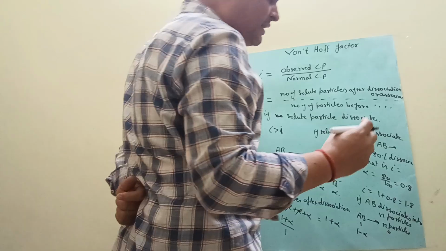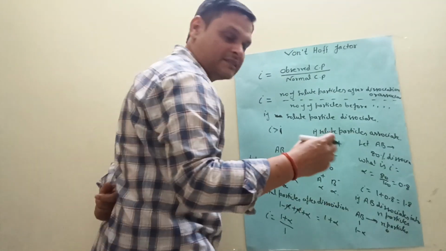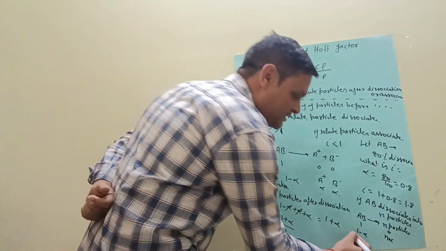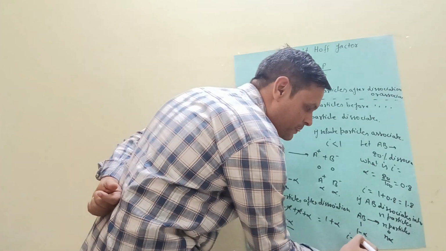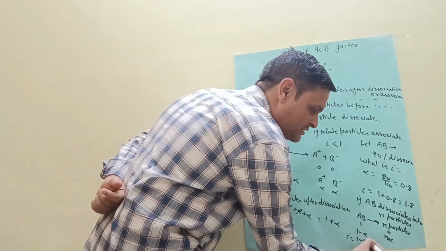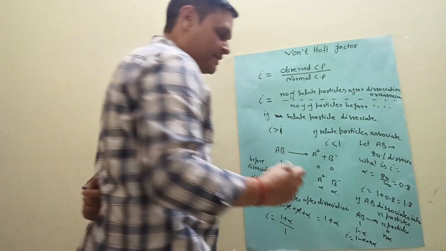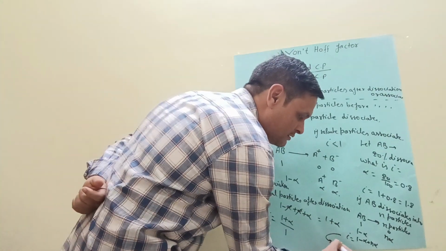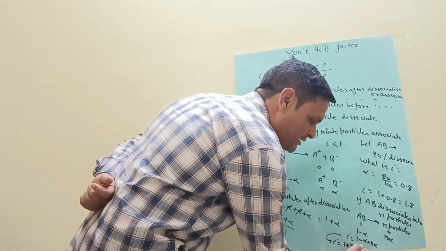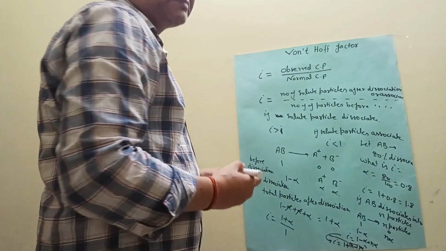N particles are formed, so the total particles in the solution after dissociation are 1 minus alpha plus n into alpha. So in this way we can derive the formula i is equal to 1 plus (n minus 1) alpha. This is the formula to find i.